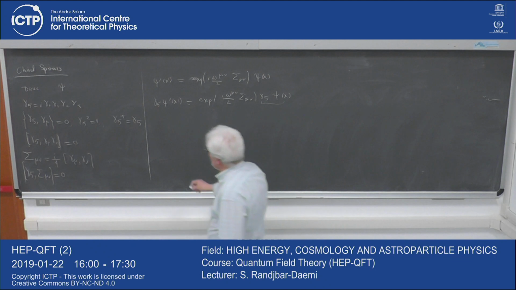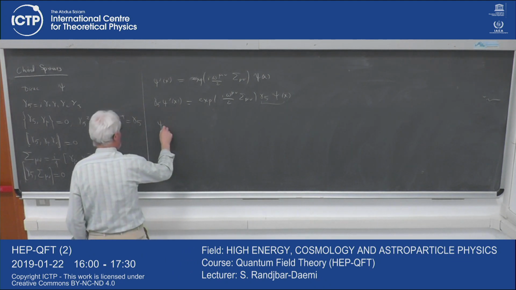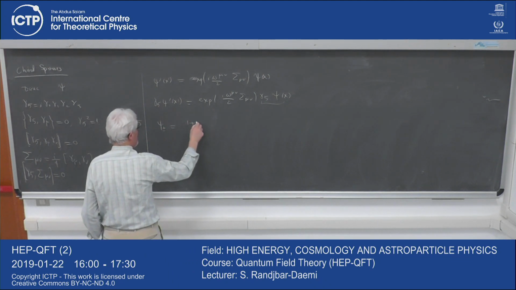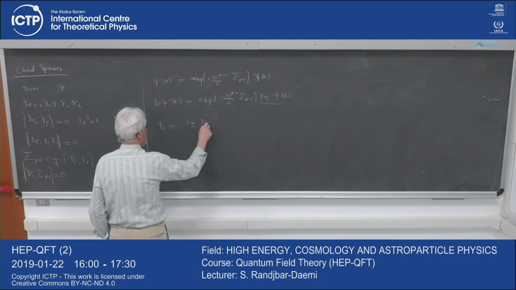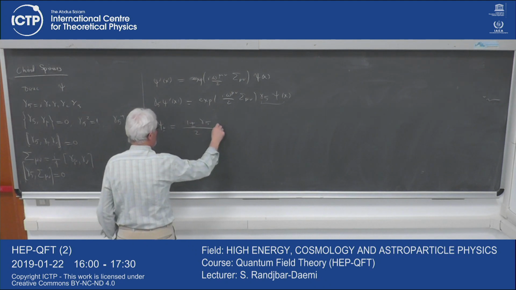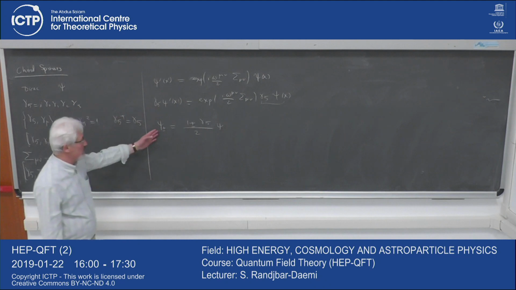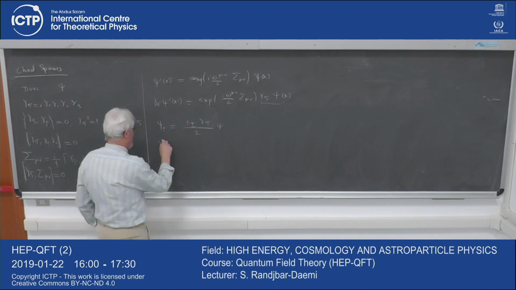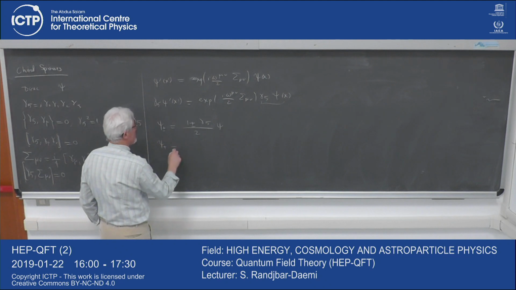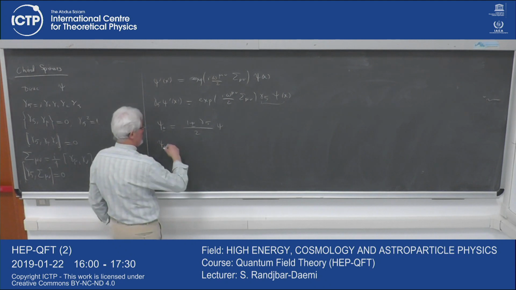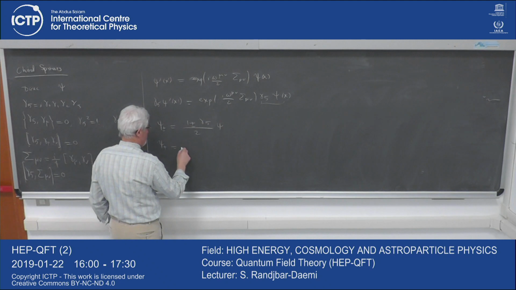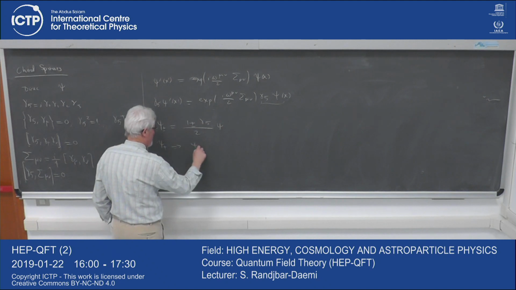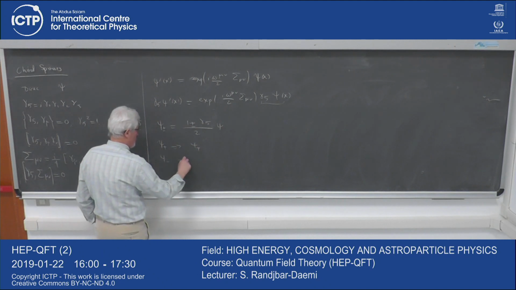So if you construct 2 pieces defined by (1 plus or minus gamma 5) divided by 2 times psi, these pieces will transform independently from each other. So psi plus and psi minus will not mix. Psi plus will transform to itself, psi plus will go to psi plus, and psi minus will go to psi minus.